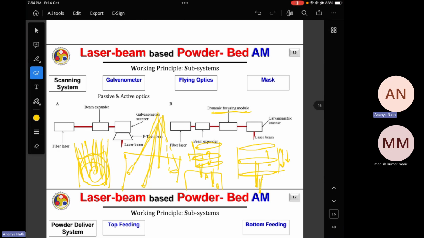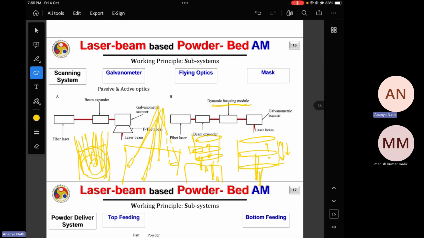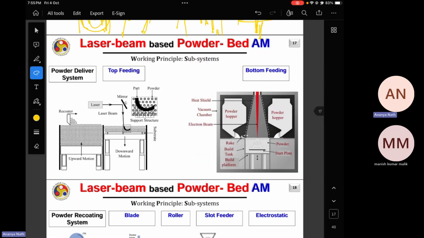This is why it is called flying optics. So there can be multiple arrangements of lenses which are capable of moving very fast in up and down motion, and this is how you maintain the focusing of the laser throughout the build chamber, throughout the build plate, more specifically.